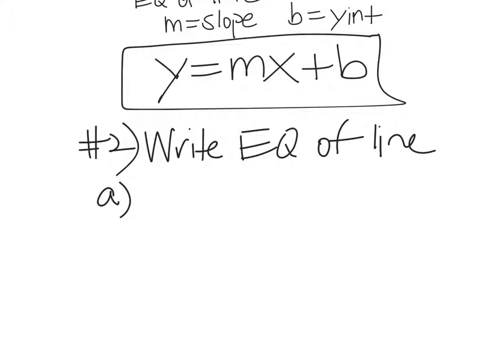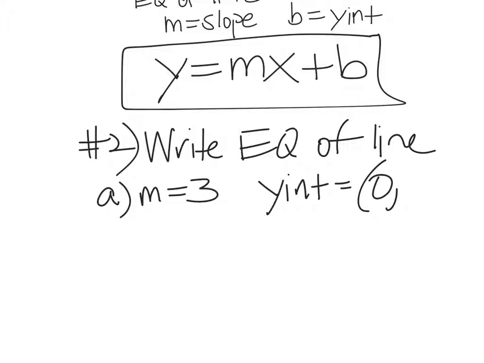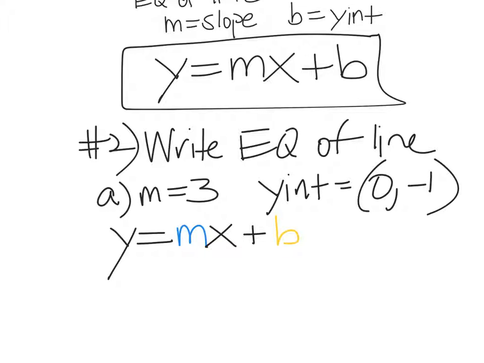Here we go. So let's say that the slope is 3, and the y-intercept, and they were super nice on this one, this is going to be the easiest of them all, is (0, -1). Write the equation of the line. They give you everything you need. So we're going to do y equals mx plus b.